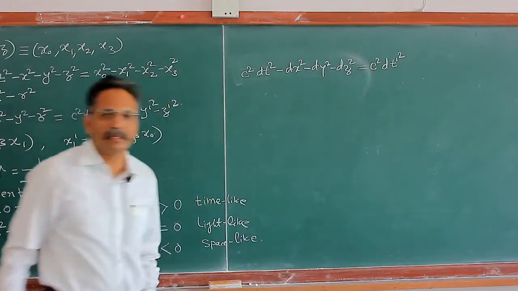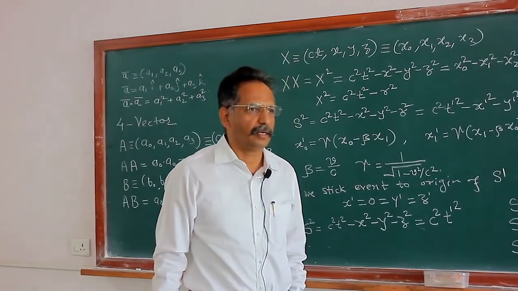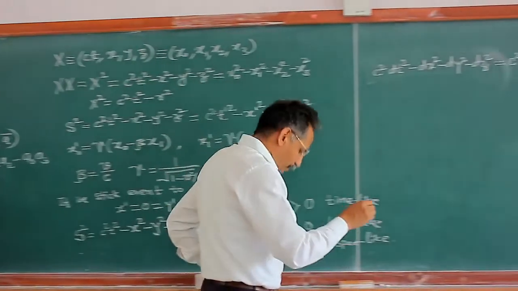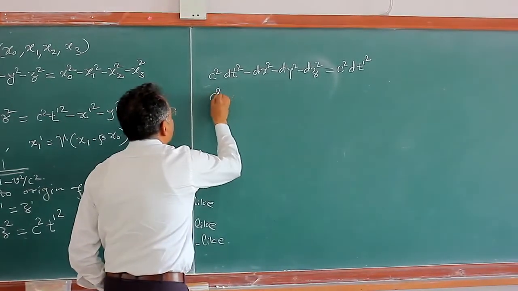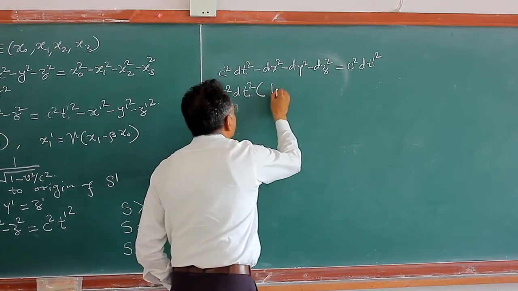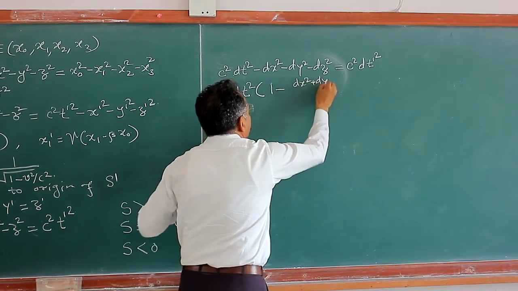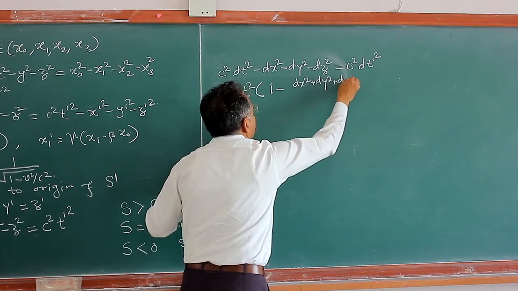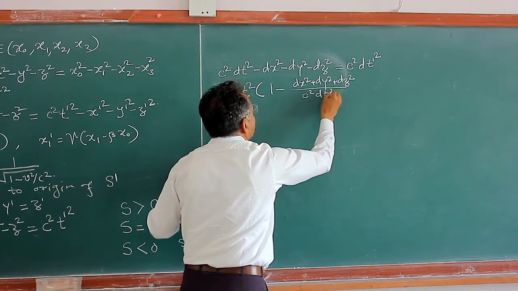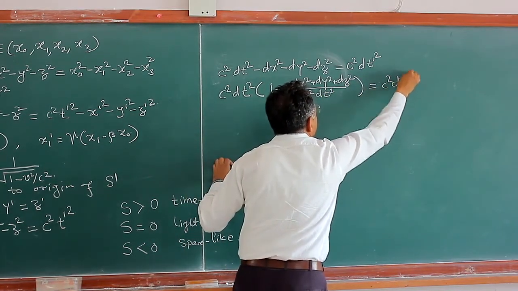So this is the infinitesimal variation of the interval of the event. Now we can take c square dt square common, and inside the bracket 1 minus dx square plus dy square plus dz square divided by c square dt square. This is equal to c square dt dash square.